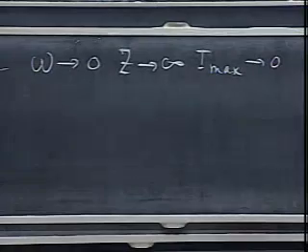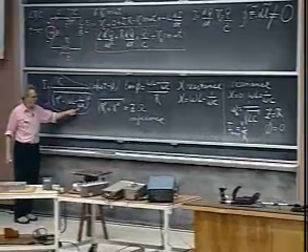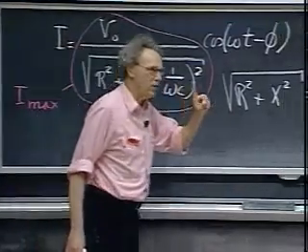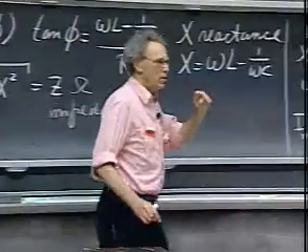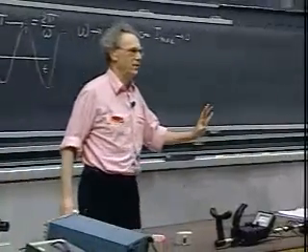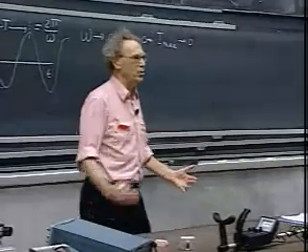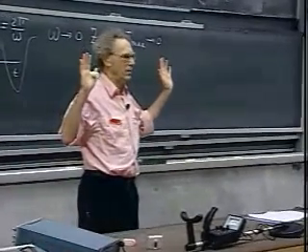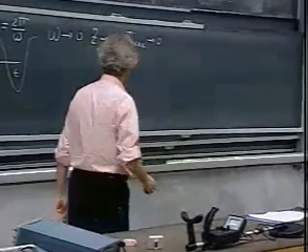And the one responsible for that is the capacitor, because if omega goes to 0, 1 over omega C goes to infinity. And that's intuitively pleasing, because omega 0 really means you have no AC anymore, you have DC. And with DC, you charge up the capacitor, and when it's fully charged, no current can flow anymore.